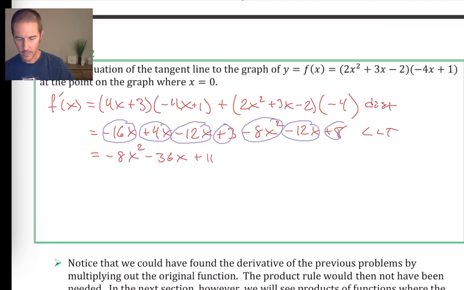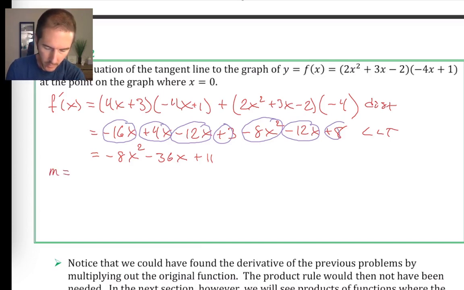And then we want to write an equation of the tangent line at the point on the graph where x equals 0. Reminder, in order to write the equation of a line, we're going to use point-slope form, which means we need a point and a slope. Let's find the slope first.